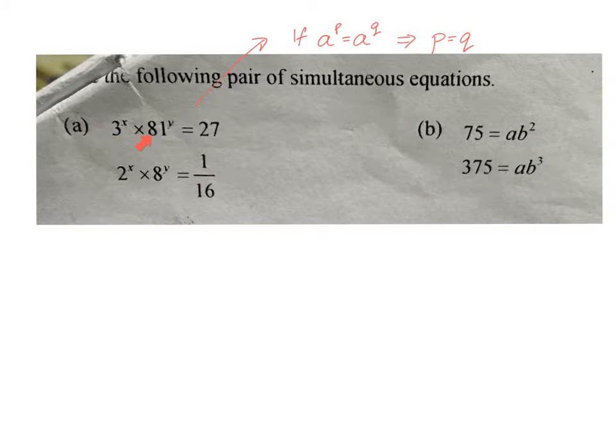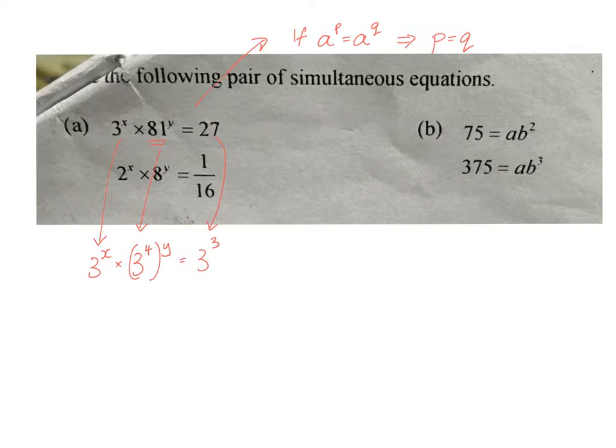All right. So, for the first equation, if you observe 3^x, 81, and 27, what we do is write everything down: this is 3 to the power x. 81 is the same as 3 to the power of 4, and 27 is the same as 3 to the power of 3.